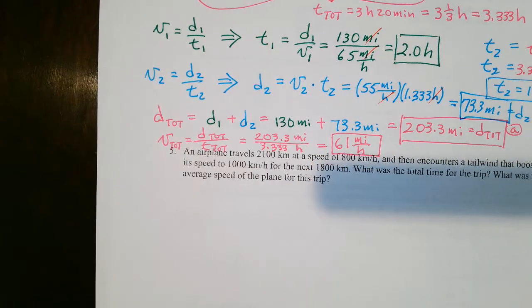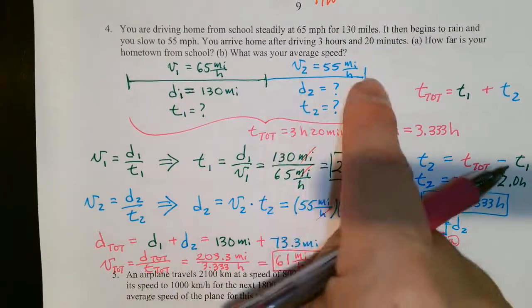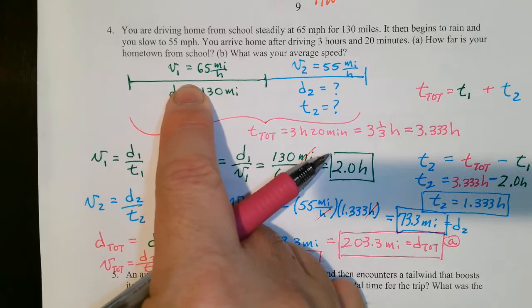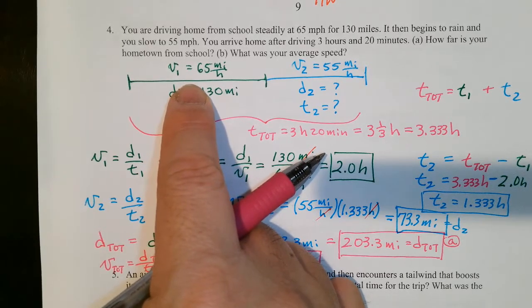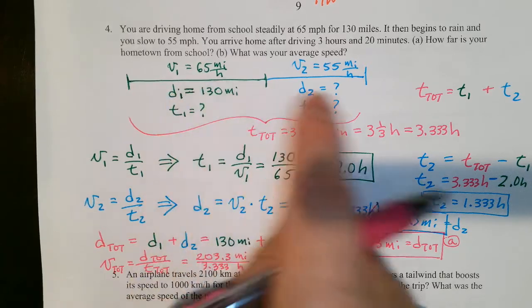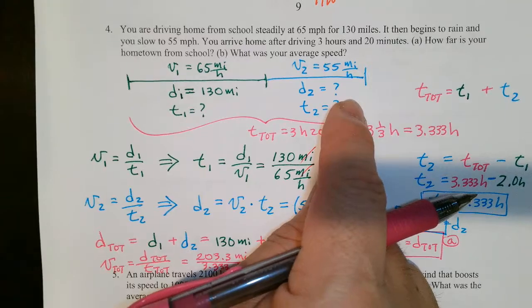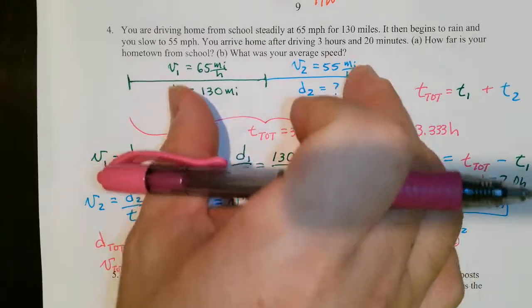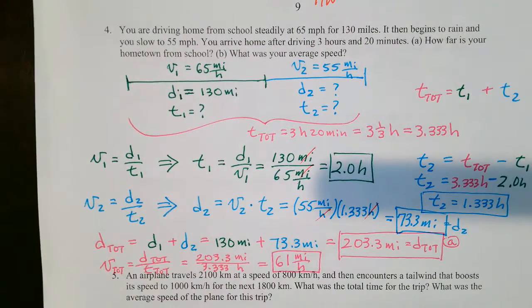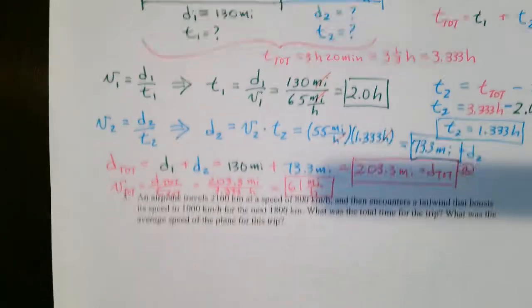Now, a popular wrong answer would be, well, there are two speeds here, so if I add them up and then divide by 2, I should get 60. That's not correct because, first of all, the time is different and the distance traveled is different. If they travel the same distance and same amount of time, yeah, I guess you could probably do it that way, but you can't.